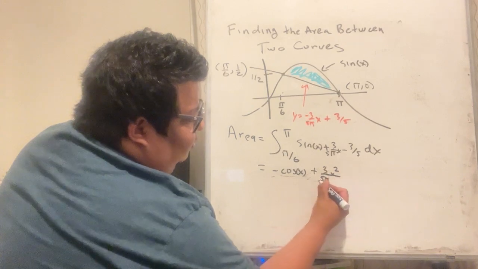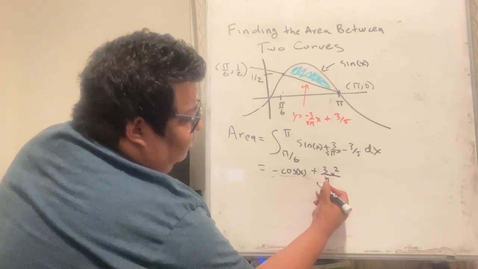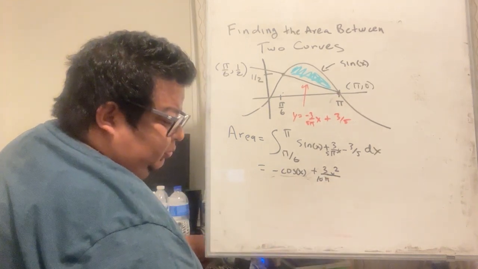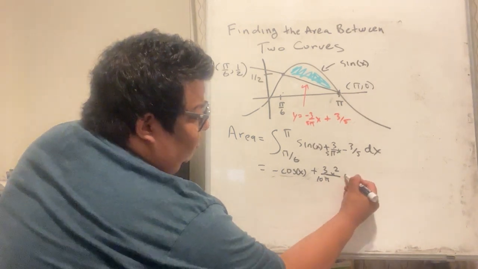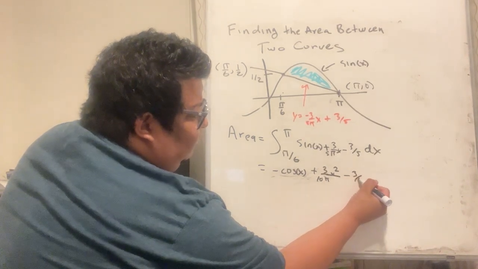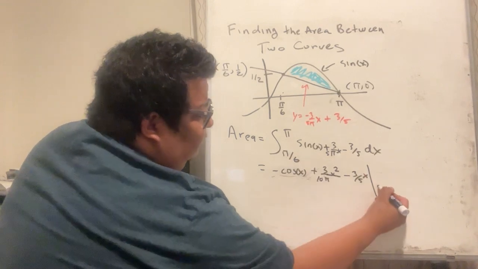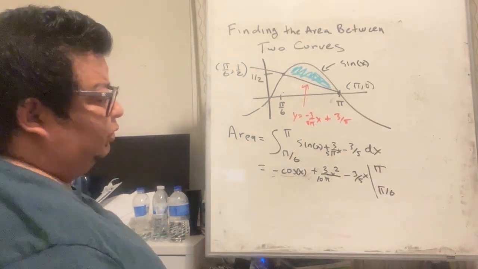That means we multiply 5 pi times 2, and this becomes 10 pi, so minus 3 over 10 pi x squared, and then plus 3 over 5 x, evaluated from pi over 6 to pi. Let's check it.